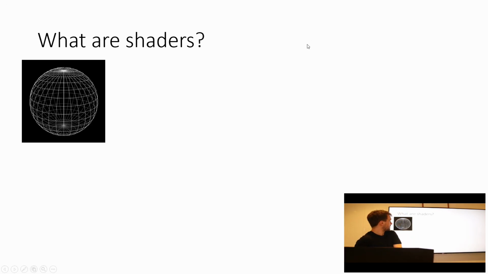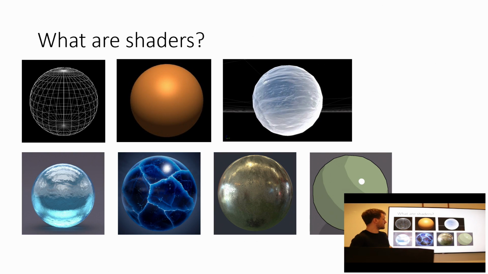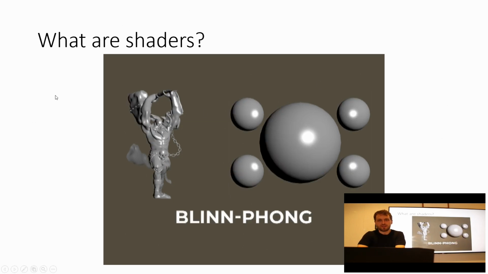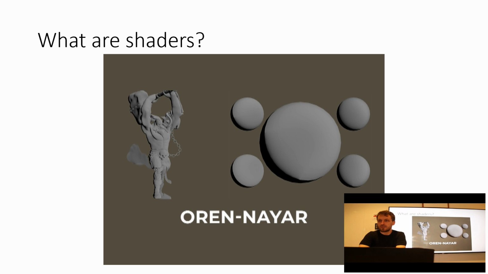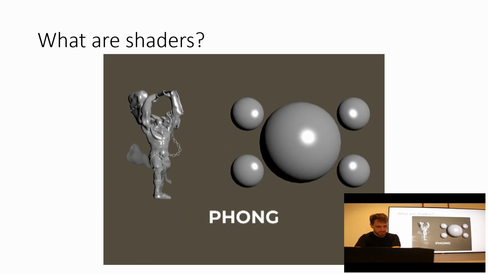To put that visually, if you have this model, you can put different shaders on it, and all of these are the same model. So very intuitively speaking, it determines how your model actually looks when rendered. Here are some terms you may know if you've done some 3D modeling or worked with lighting or rendering in the past.